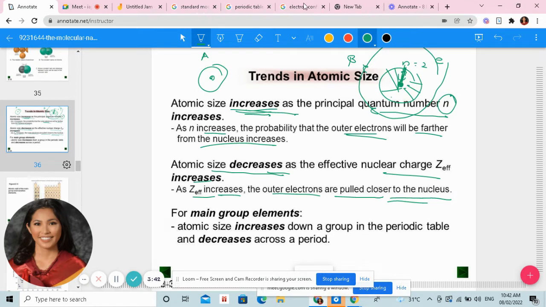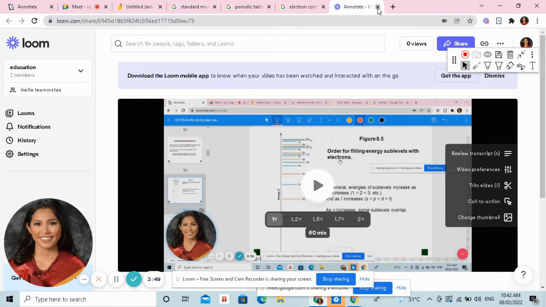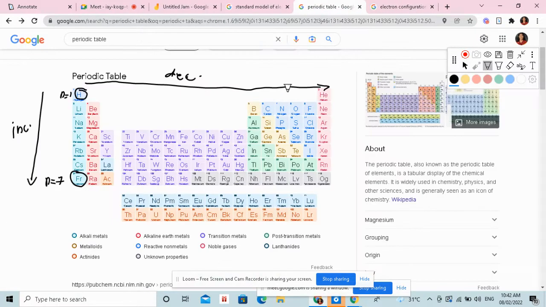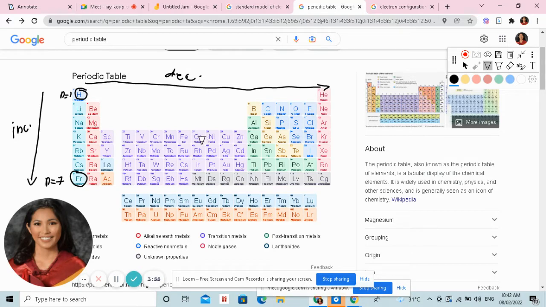Okay, if I ask you, who is bigger, astatine or calcium? Calcium.